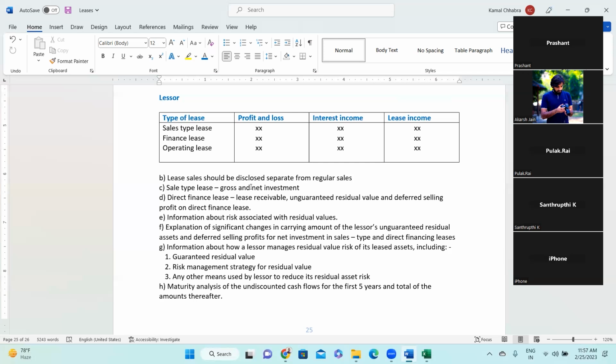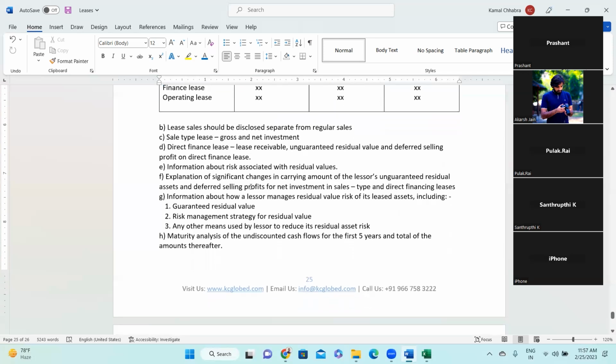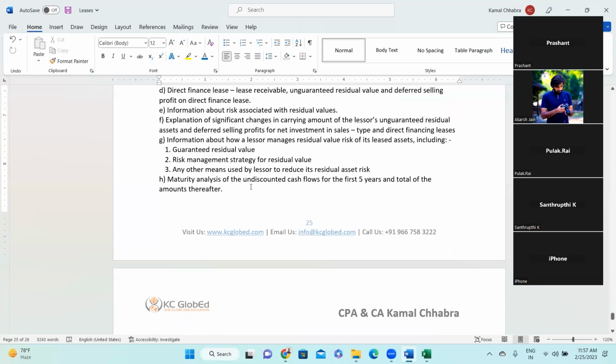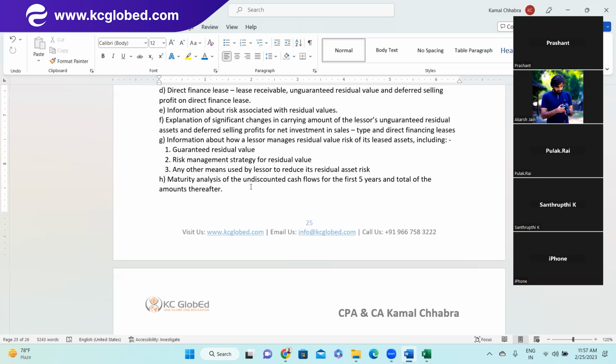Yes, sir. Next is information about the risk associated with the residual value. So there might be a possibility that there is some guaranteed residual value, but most of the time there are certain unguaranteed residual values. So if there is an unguaranteed residual value, that means there is a risk involved.